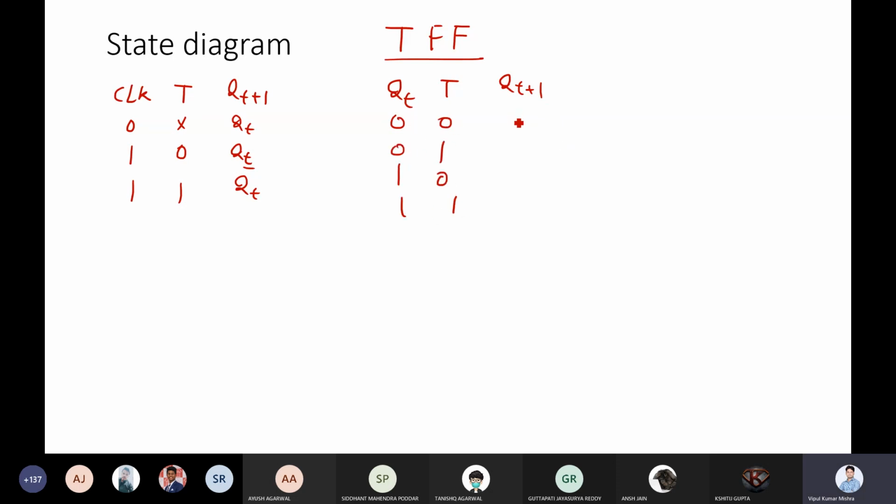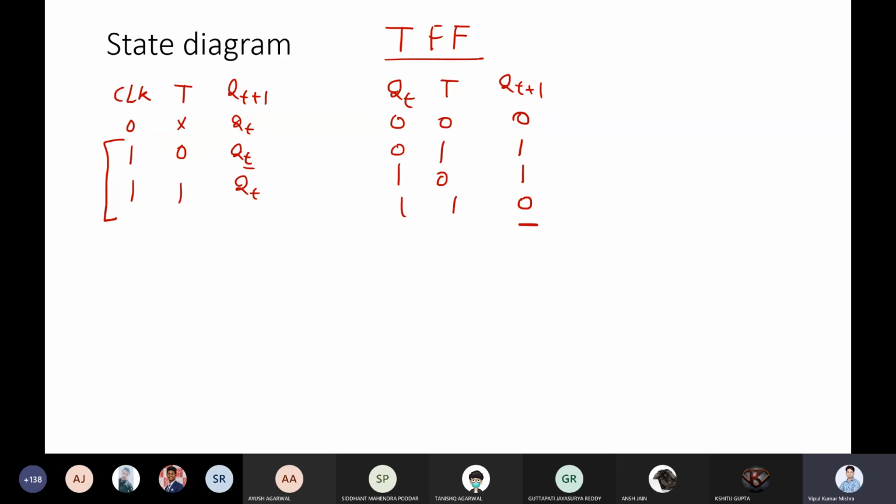So what will be the Qt plus 1? Definitely we are going to consider this. When T is 0, it will remain the same, so you can say it will be 0. When this is 1, it will reverse. When it is 0, it will remain the same. When it is 1, it will reverse. Can we see something here?